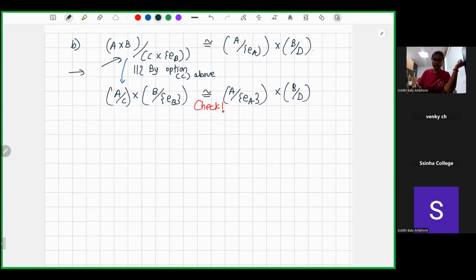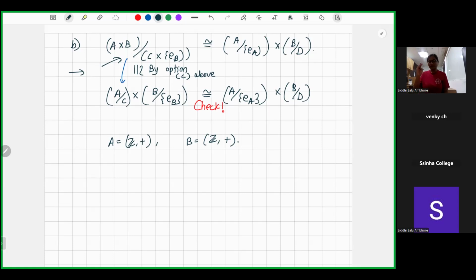Okay, if not, then let us do this. Let A be Z plus and B be Z plus. These are abelian groups, so every subgroup is a normal subgroup.